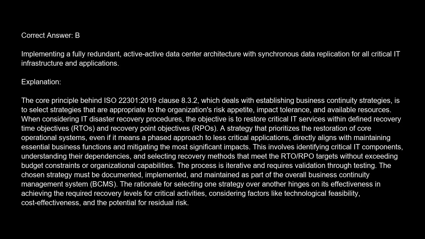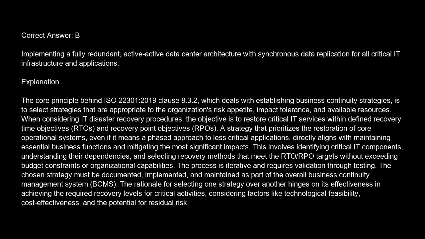The correct answer is B, implementing a fully redundant active-active data center architecture with synchronous data replication for all critical IT infrastructure and applications. Explanation: the core principle behind ISO 22301:2019 Clause 8.3.2, which deals with establishing business continuity strategies, is to select strategies that are appropriate to the organization's risk appetite, impact tolerance, and available resources.